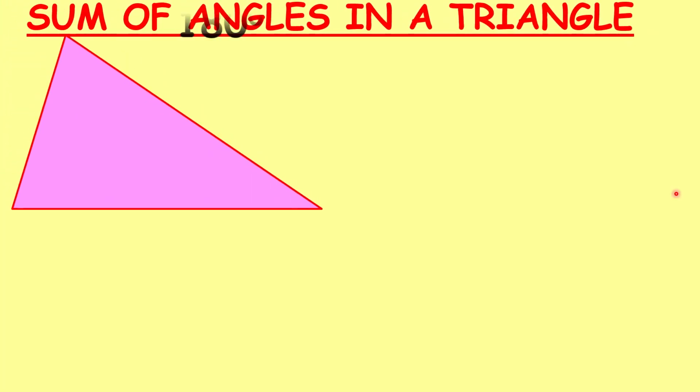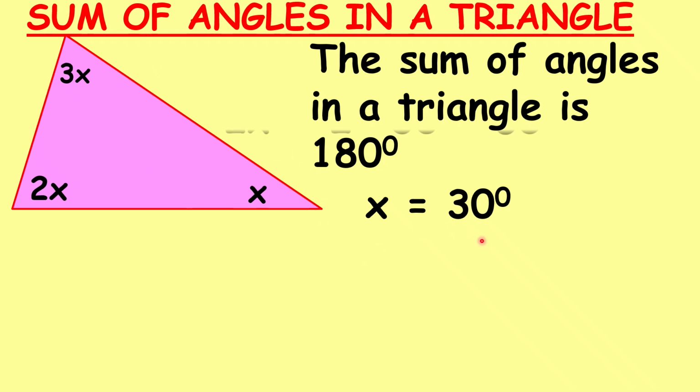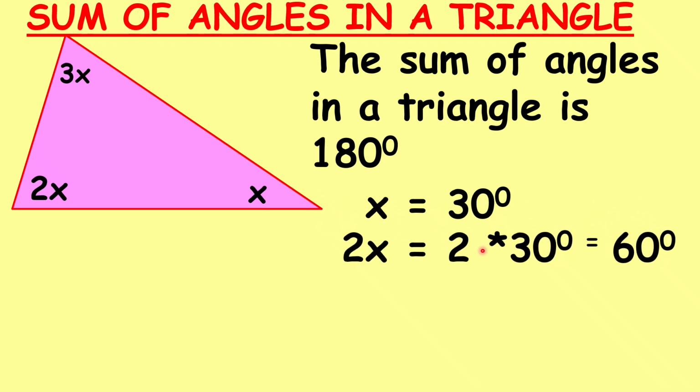Now that we know what the value of x is, we can simply substitute the values of x in order to input the various values of the angles. So we know that x is 30 degrees, therefore 2x will be 2 times 30 degrees, which is 60 degrees.